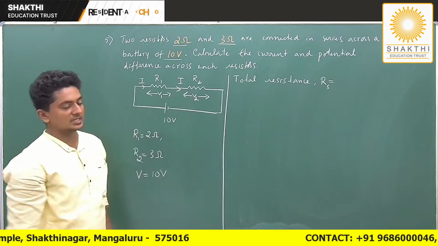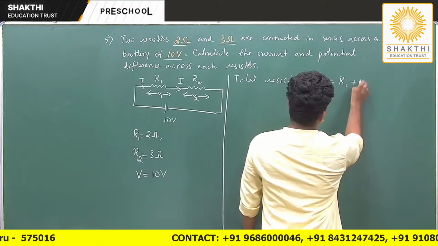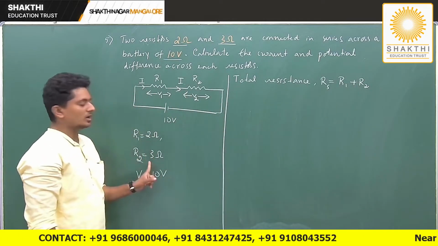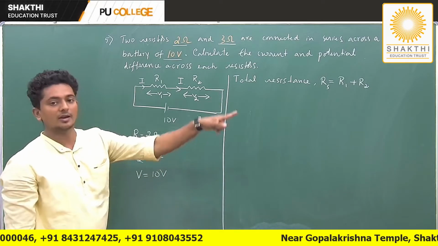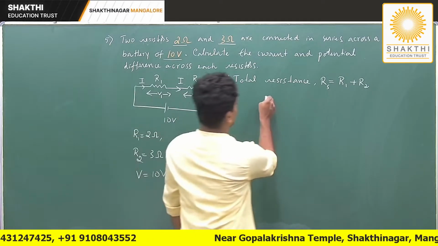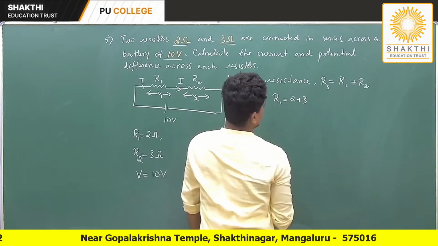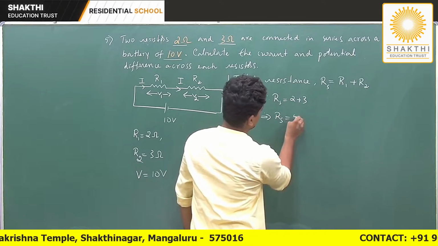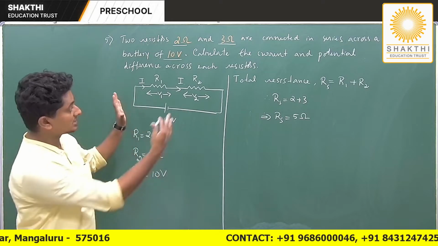If they are in series, we have written the formula. It is nothing but R1 plus R2. R1 is 2, R2 is 3. Don't directly write the answer. Substitute and then write. So therefore, RS equal to 2 plus 3, which implies RS equal to 5 ohm. I got RS, done. I got total resistance.